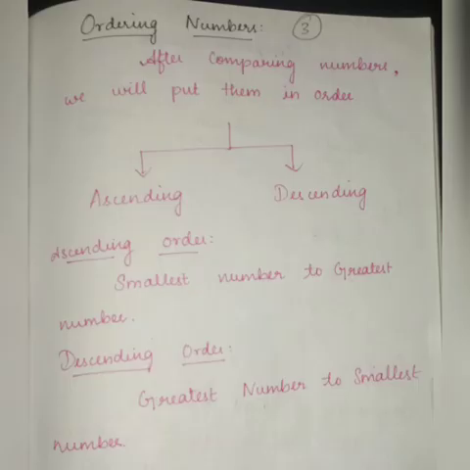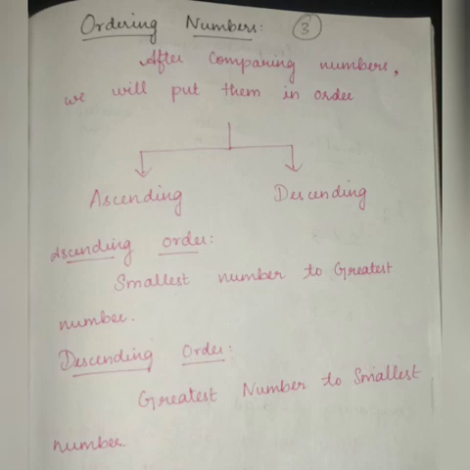Next is ordering numbers. Here we are going to order numbers. After comparing numbers, we put them in a certain order. That is called ordering numbers. If they ask you to put the order from greatest to smallest, you will write from the greatest number to the smallest number. If they ask you to write from smallest to largest, you will write from smallest to largest.